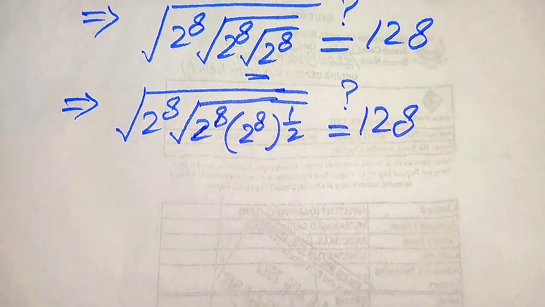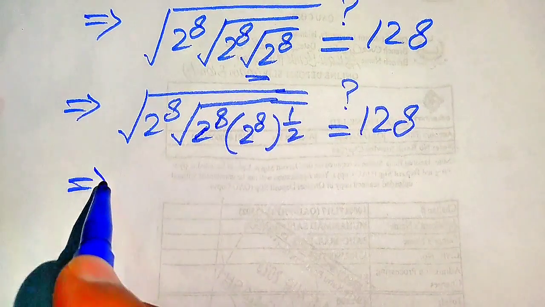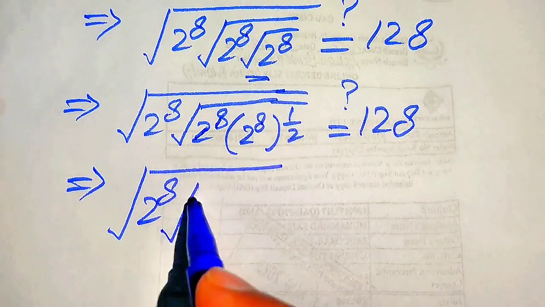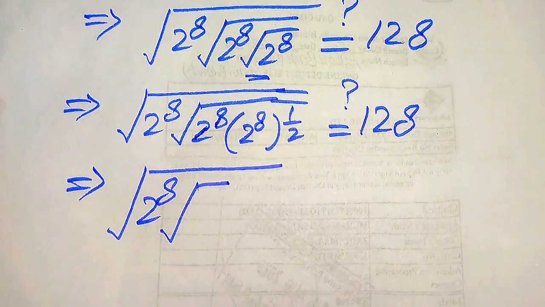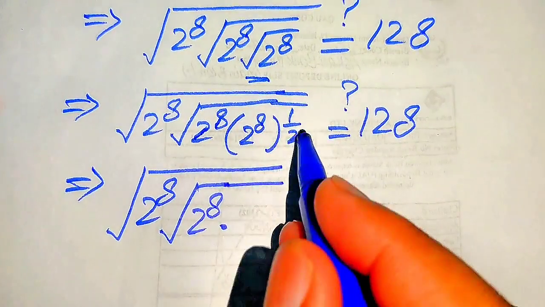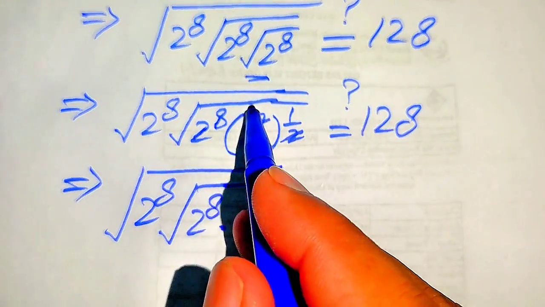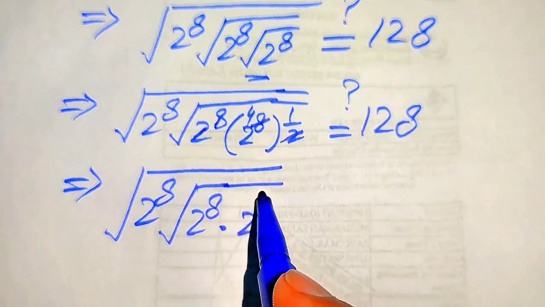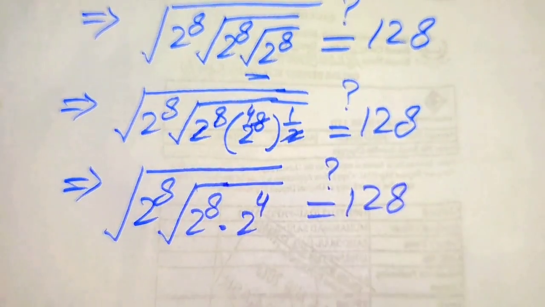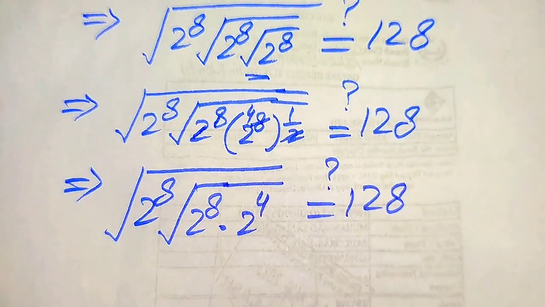So further we need more simplification, and it will be written as square root of 2 to the power of 8 into here we get square root of 2 to the power of 8, and these are cancelled out by each other. 2 4s are 8, and we get here 2 to the power of 4, and we check, is this equal to 128 or not?